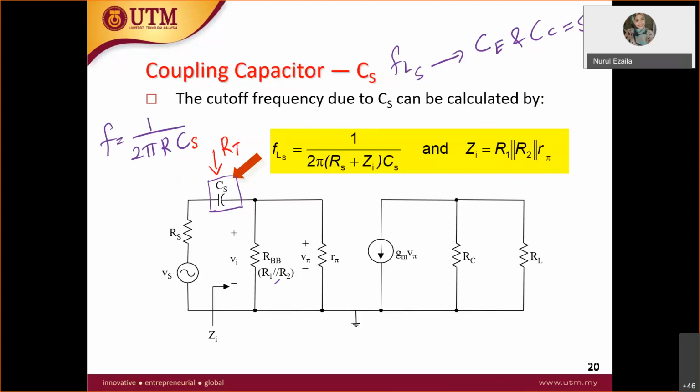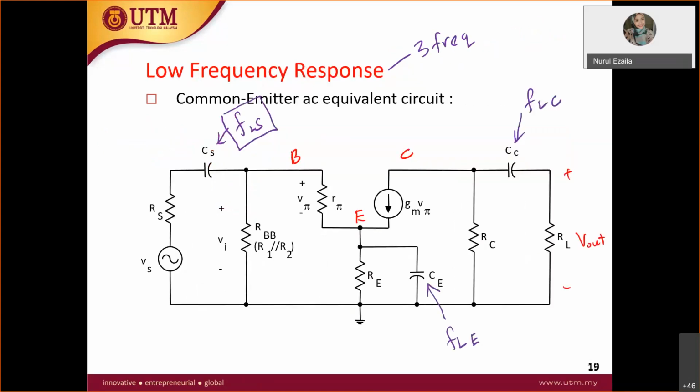So let's take a look here. If I redraw the circuit, this CE is short circuit. Therefore, what happens to RE? Yes, short circuit.